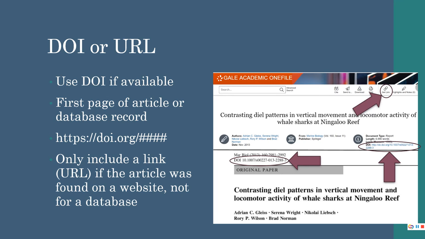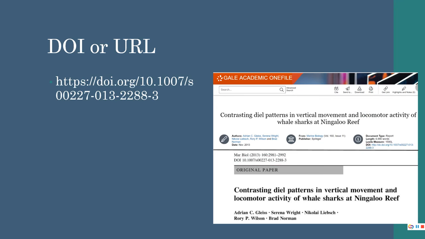If you do not have a DOI and your article came from a website instead of a database, include the URL for the article. Do not place a period at the end of the DOI or URL. Our article has a DOI, so we will have https://doi.org/ and the DOI number.